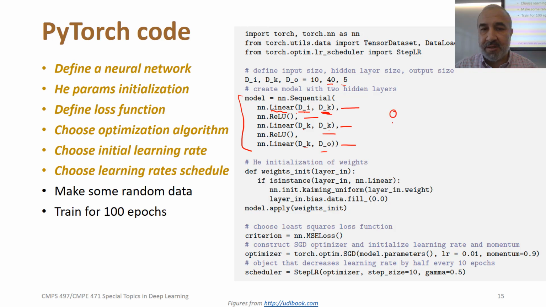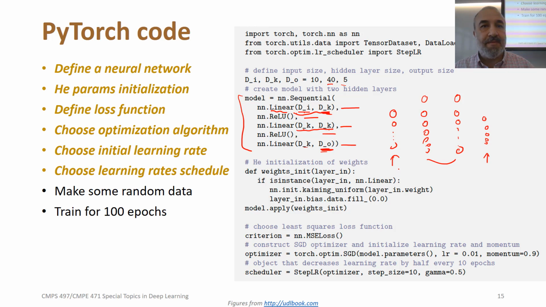So input is 10, and then 40. That's this part. And then we have another 40. That's this part. And then we have just 5 here. So we have an input layer, an output layer, and 2 hidden layers. And that's all we need to do.